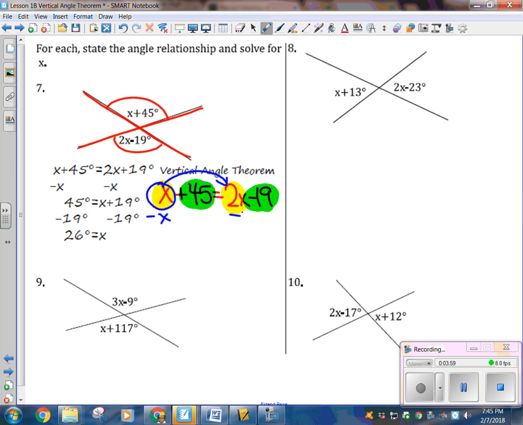So I'm going to subtract X from both sides. If I do that, I'm going to have 1X. And this X would be gone. And since I took my X's to the right, I need to bring the numbers to the left. So numbers on one side, X terms on the other. So in this case, I would have to add 19 to both sides. And when you add 19 to both sides, sure enough, you get 64.